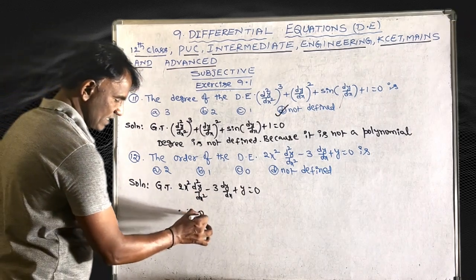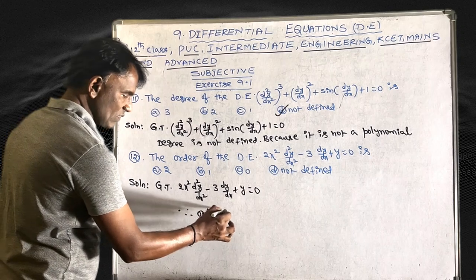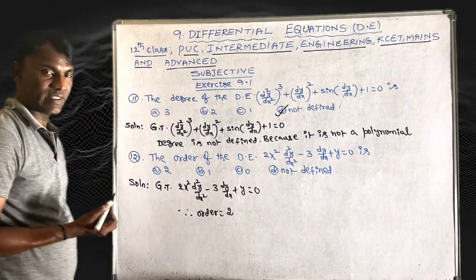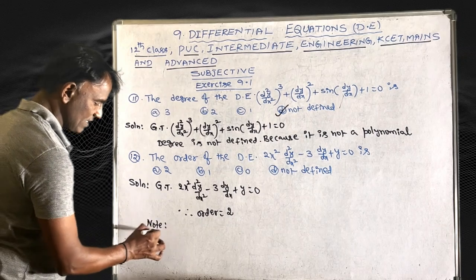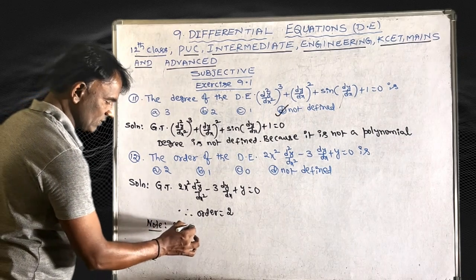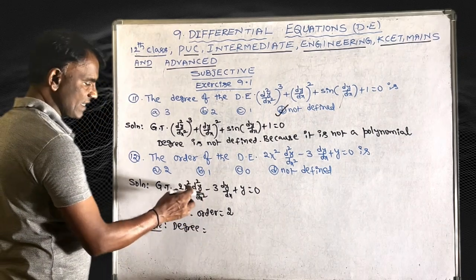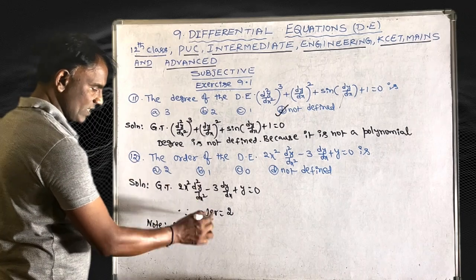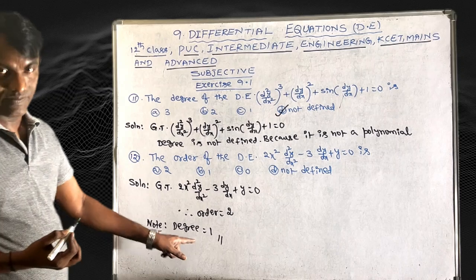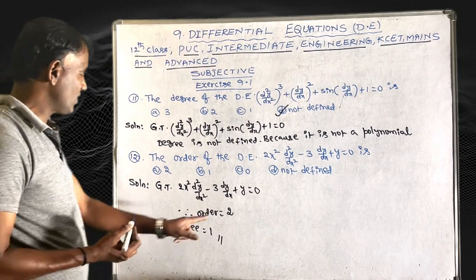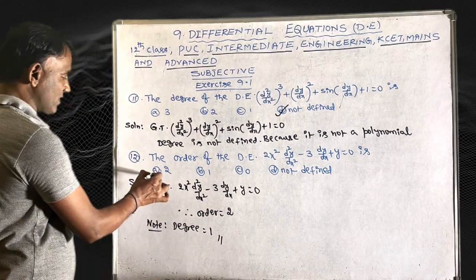So order equal to 2, highest order derivative. Suppose if you want the degree for this, degree means power of the highest order derivative. So the power of d square y by dx square is equal to 1. Actually it's not asked. If you want degree, we'll find like this. So order equal to 2 means which is the suitable option for that? A.